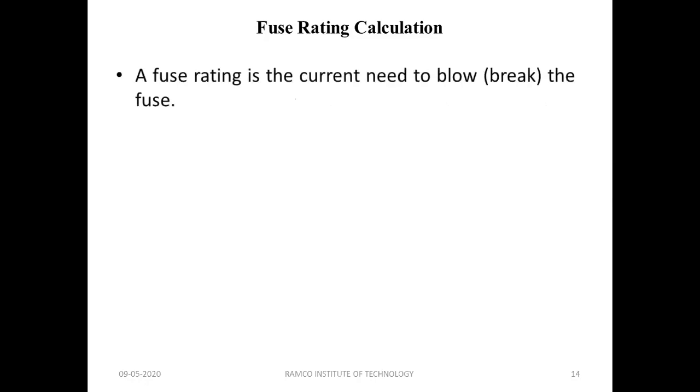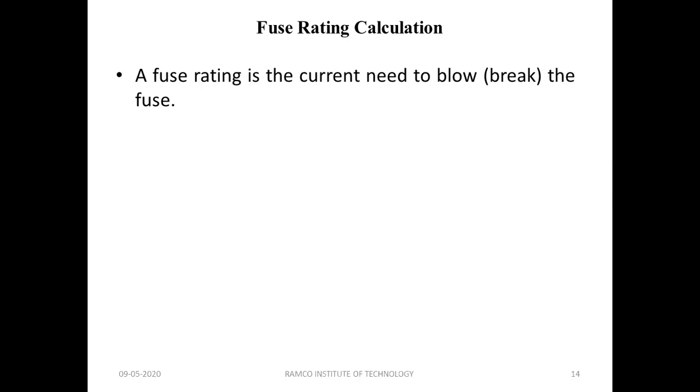Then fuse rating calculations, right? We cannot choose the fuse as such; we should follow some norms and calculations, right? See, the fuse rating is the current needed to blow out the fuse.